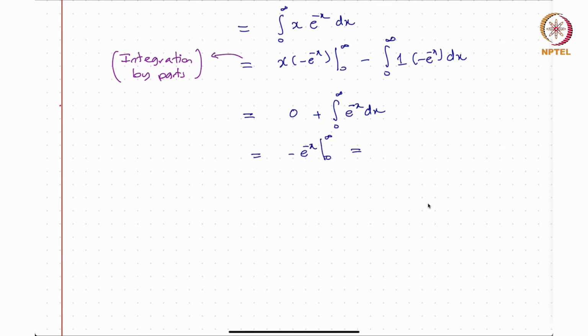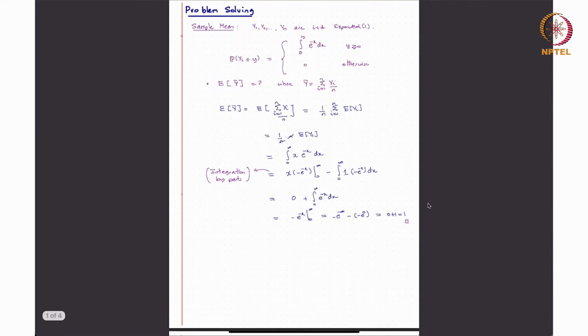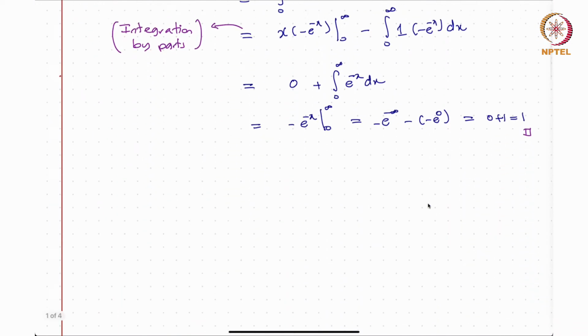I plug in infinity, I get 0, and I get minus of minus e to the minus 0. So I get 0 plus 1, and the answer is 1. So the mean of y bar is just 1, same as the mean of y. The expectation of the sample mean under the original distribution is the same as the mean of the original distribution itself.